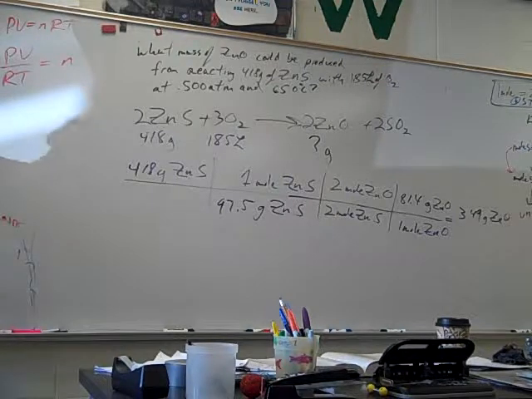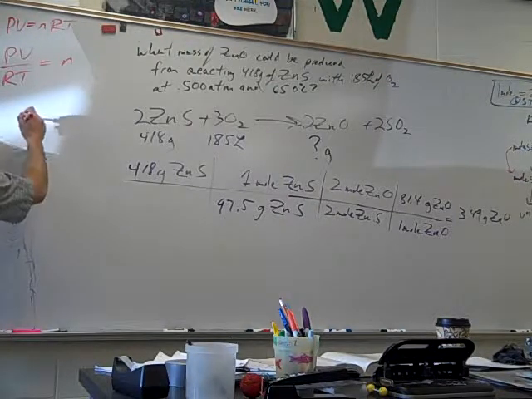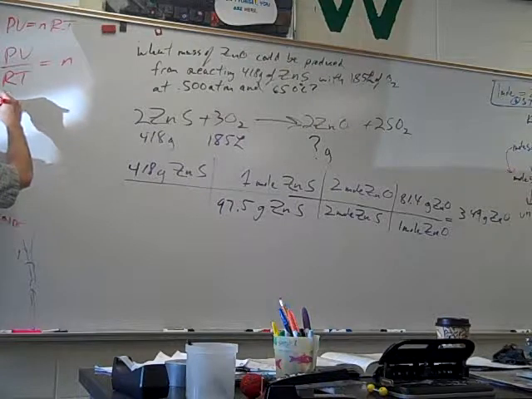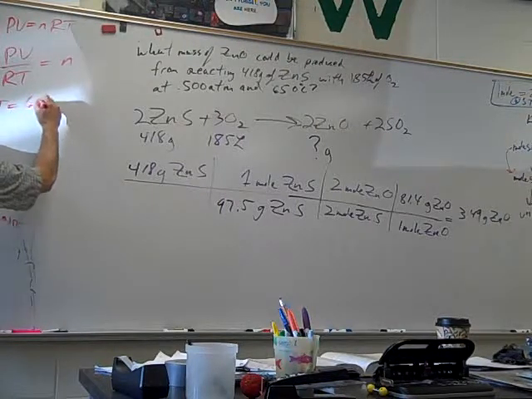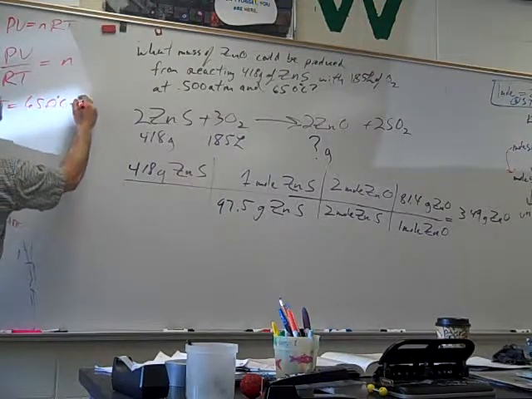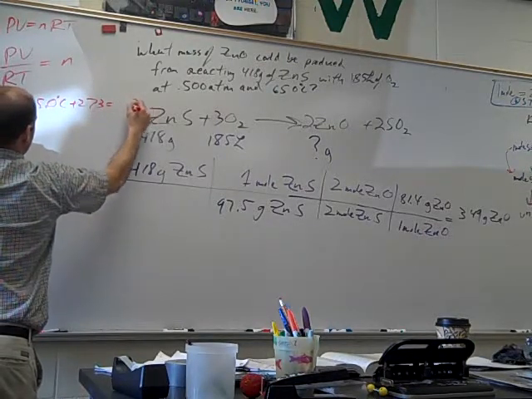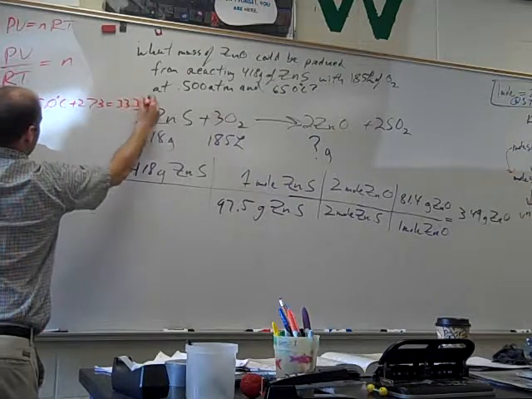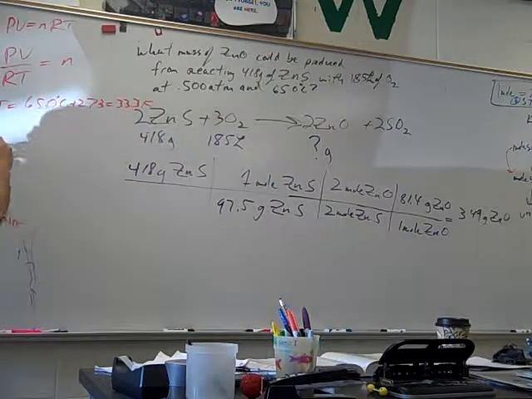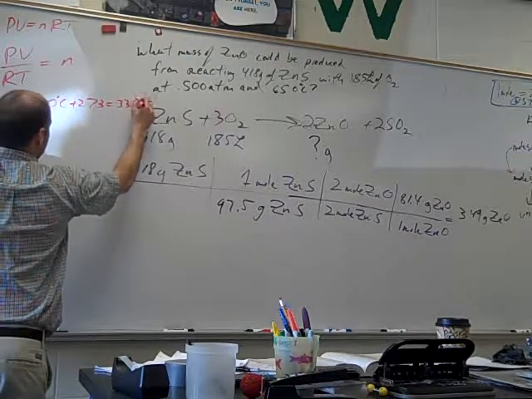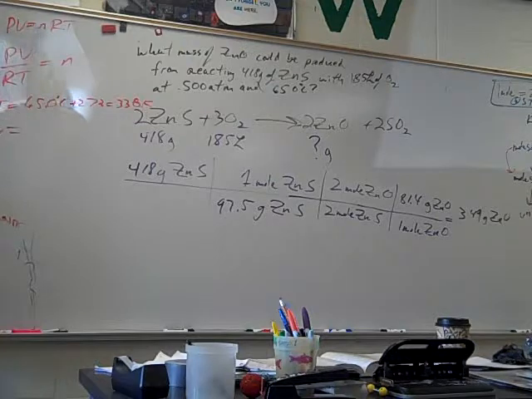We need to write down everything we know. Our temperature is 65 Celsius. It has to be in Kelvin, so we add 273. Three plus, 5 plus 3 is 8. Just racking up mistakes.